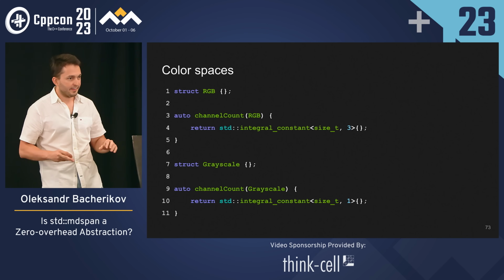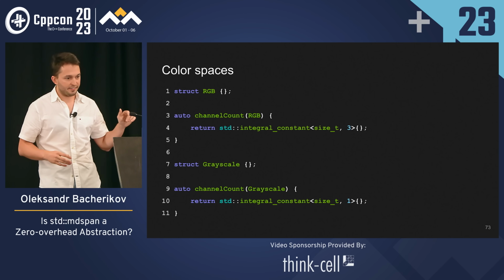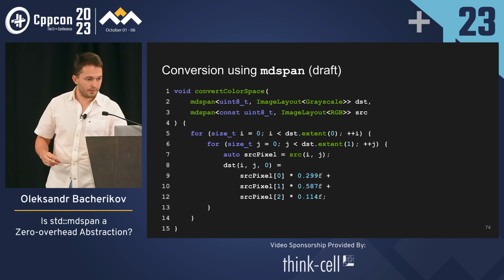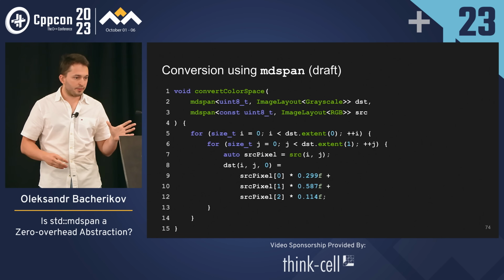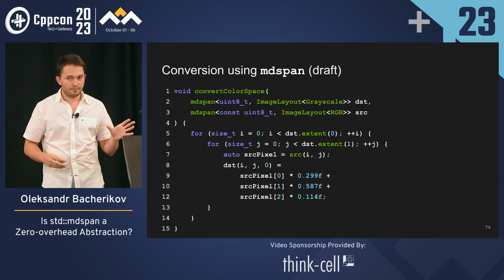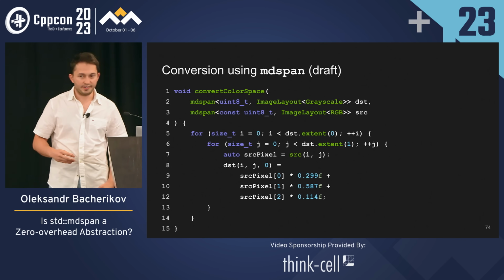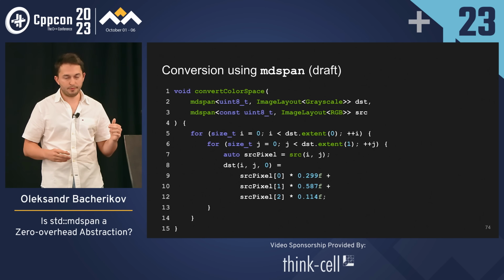The exact mechanism is not important, but you need to know that they have 3 and 1 channels. After that, the conversion code could look something like this. We can have two images with color spaces specified in the image layout. And we have a loop similar to what we had before.